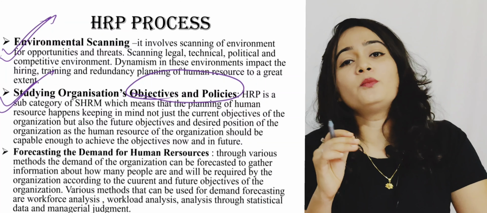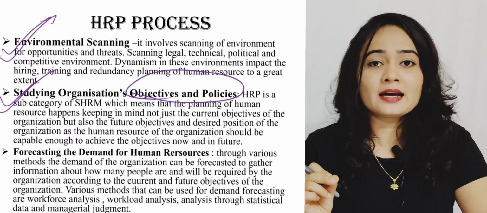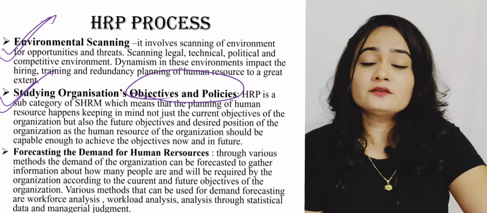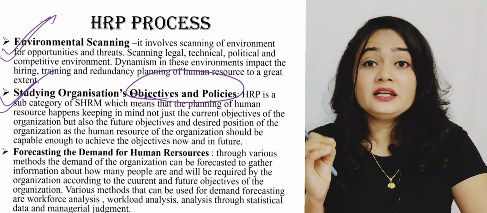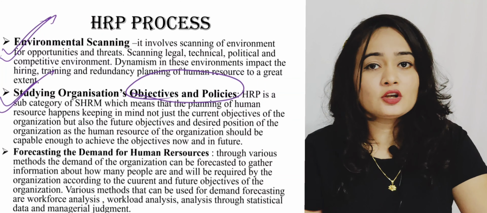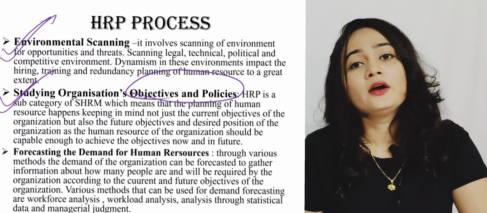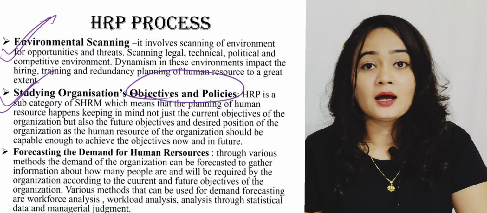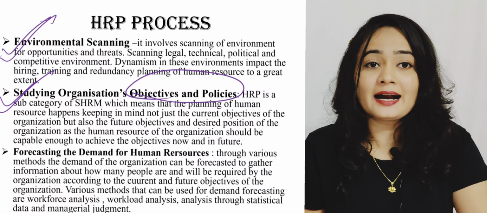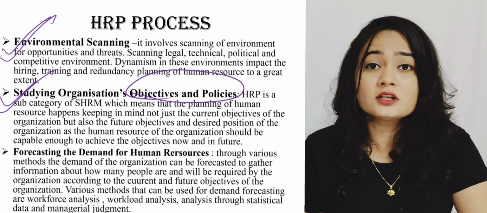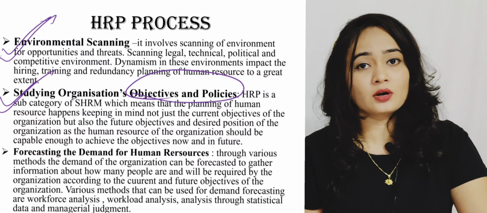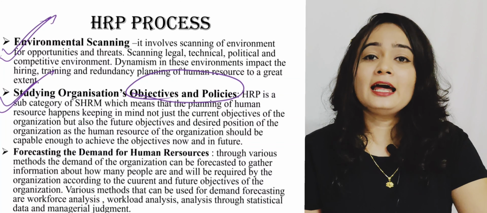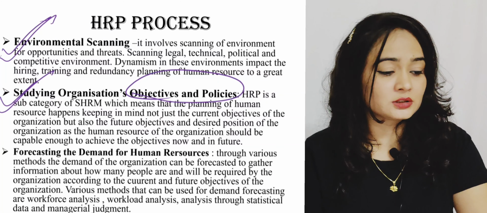That's why the policies and the objectives of the organization should be clear in our head, should be made clear to the HR managers that these are the objectives, and accordingly human resource planning should be done. The human resources that will be there in the organization should be well equipped with all the knowledge, all the skills, and the exact number of employees should be there in the organization who can help the organization achieve its goals.